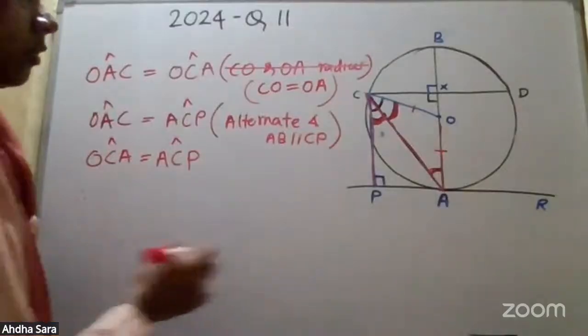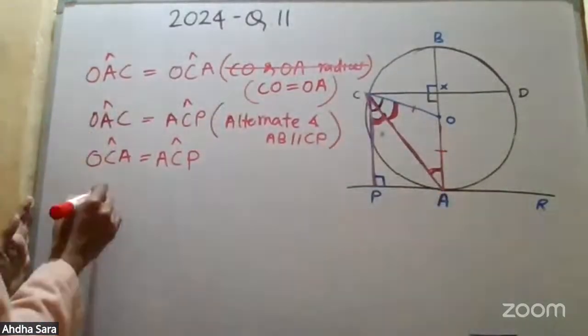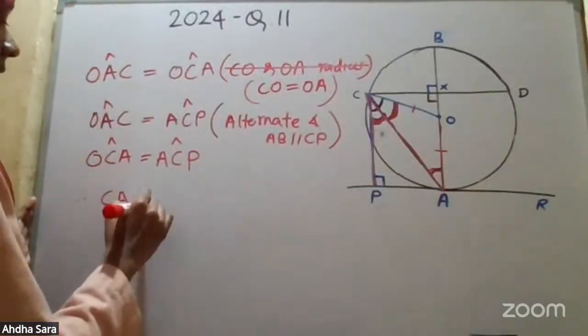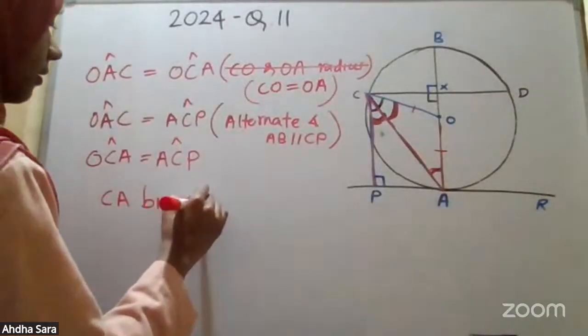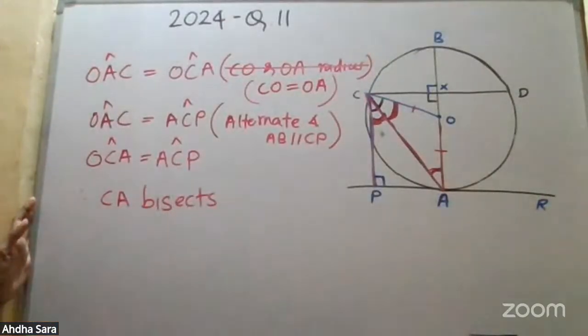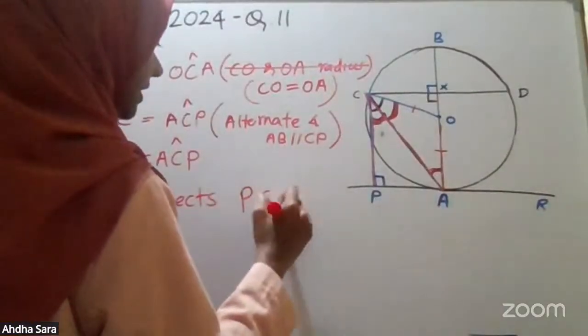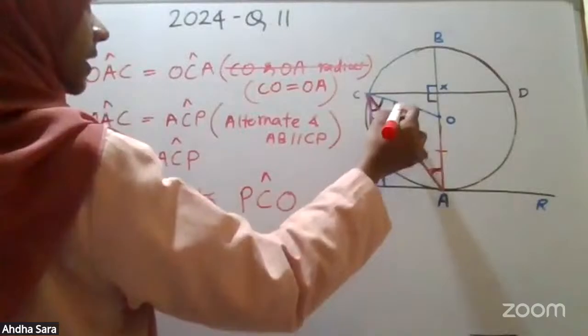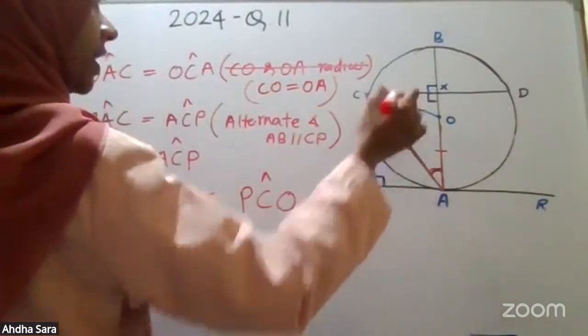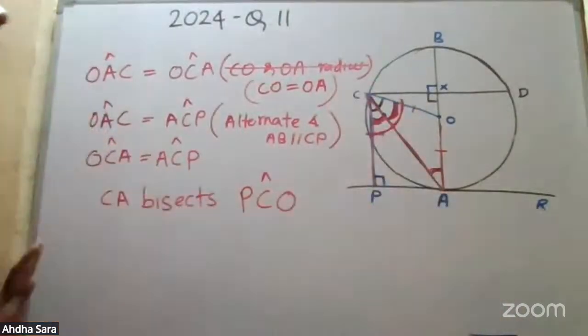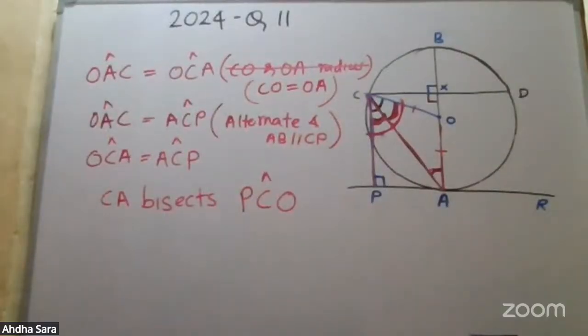Therefore, the chord CA bisects the angle PCO.